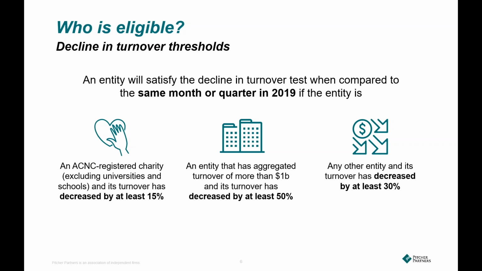One thing to bear in mind in respect of the 50% threshold is that that aggregated turnover test is not actually a GST turnover test for this purpose. That is an income tax turnover test, which is driven by the Income Tax Assessment Act 1997 and looks at the aggregated turnover of the relevant entity together with the group that it may be part of.